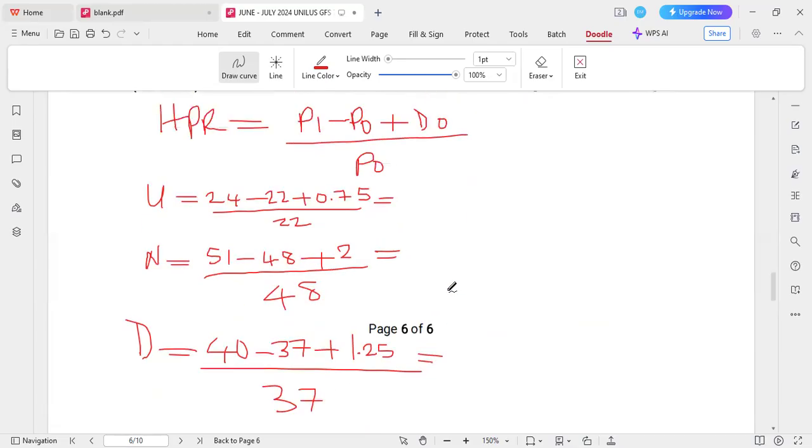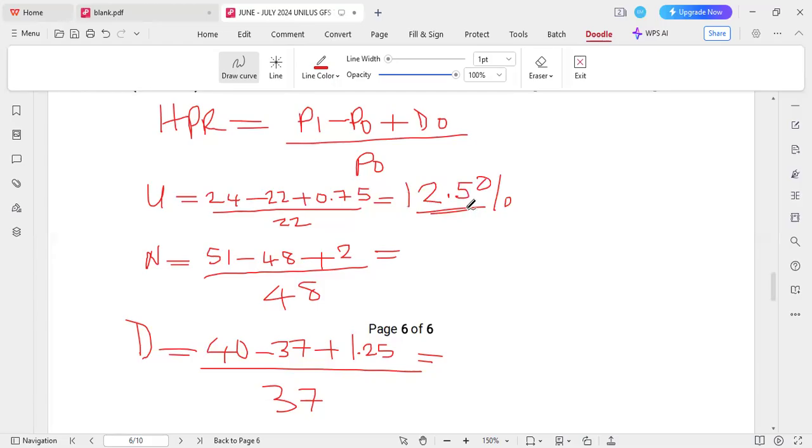So we can get down to the answers here. We are getting 12.5% for this one. Then this one is 51 minus 48 plus 2 divided by 48.